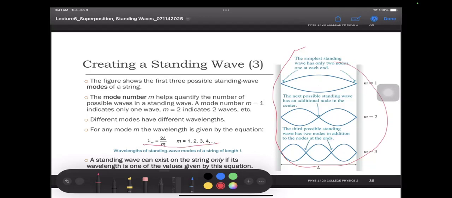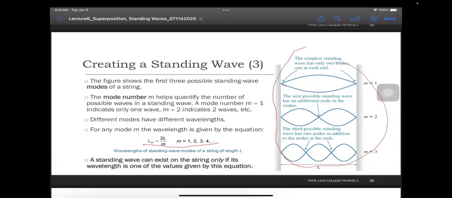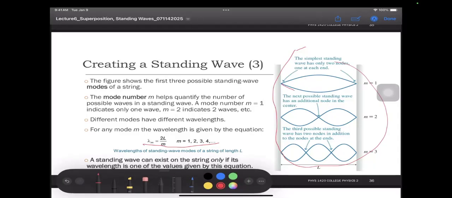You can see if there is only one wave, the wavelength is equal to L. And if m equals 2, which means there are 2 waves, the next possible standing wave follows.